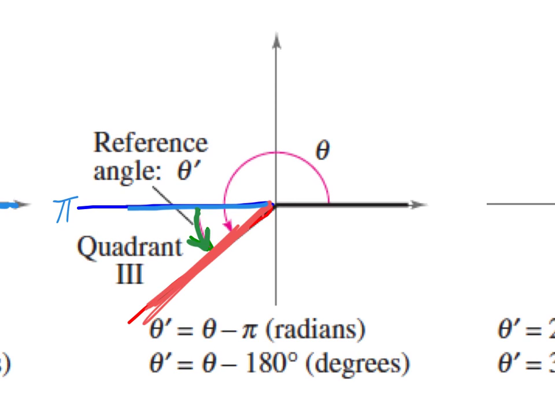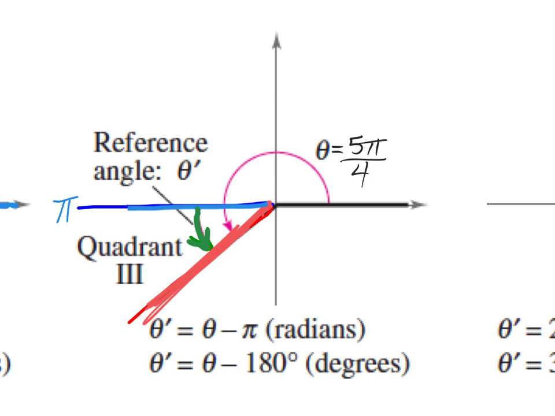Let's say that in this case, theta is 5 pi over 4. So in this case, it's pi to get to the x-axis, and I want to go all the way to 5 pi over 4, so I want to figure out how much more I would need.